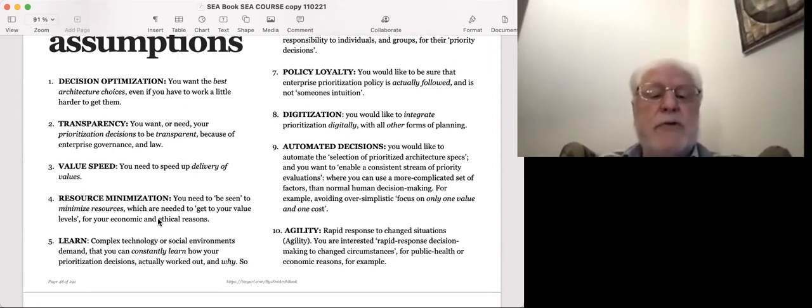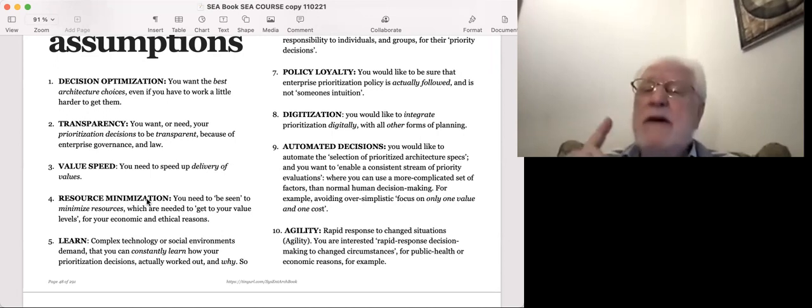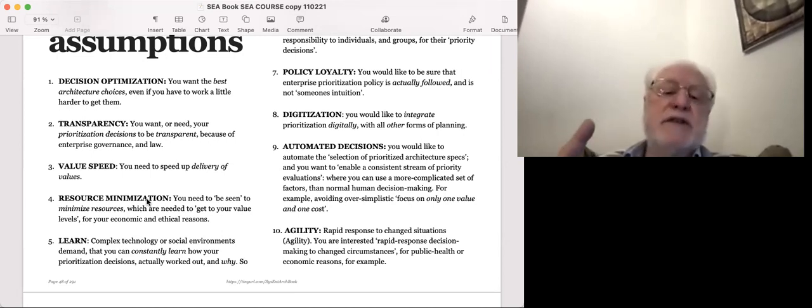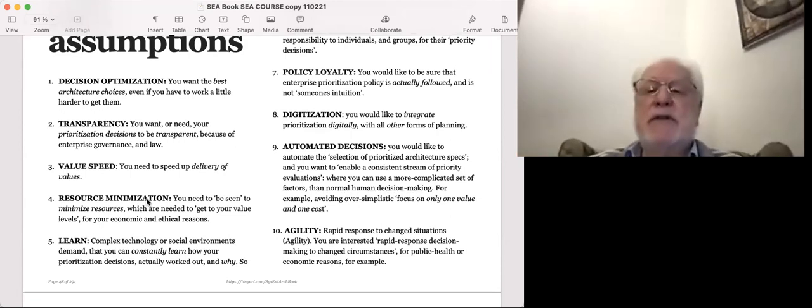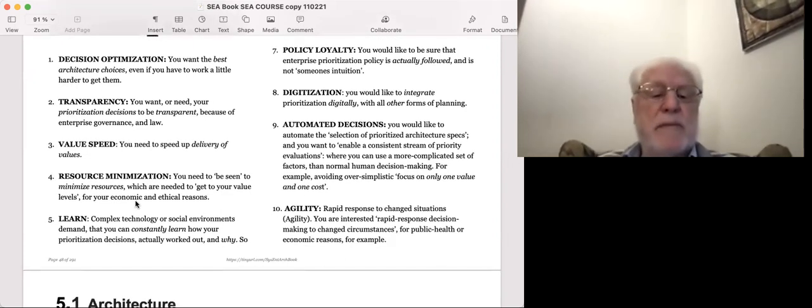So, assuming you're very interested in resource minimization, you're going to have to learn the truth of the resources, however unpleasant, and change architecture. Architecture contains the values, and it contains the resources you're going to have to spend to get them. So choice of architecture is a tool for minimizing total long-term and short-term resource.